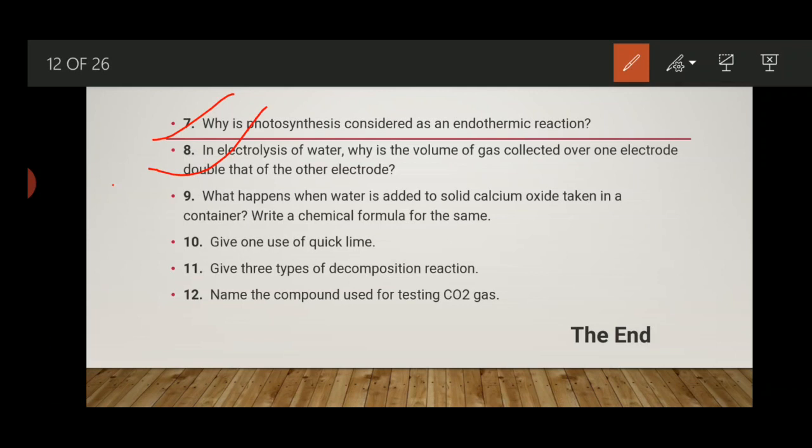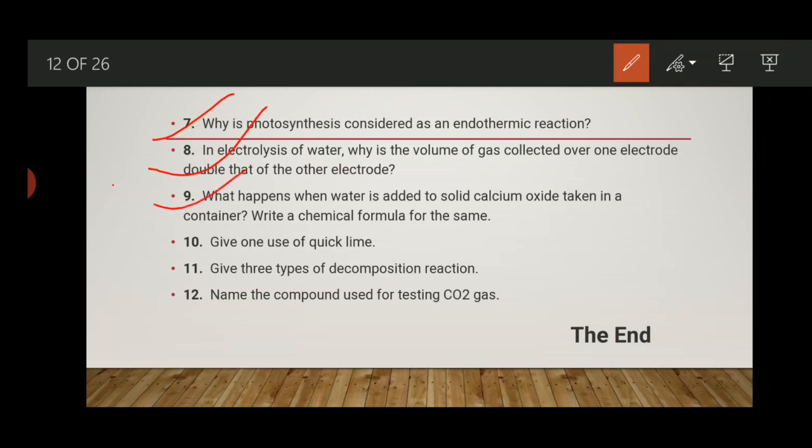That's why at one electrode the amount of gas is double in comparison to the other. The gas that is double in amount is hydrogen gas, and the other gas is oxygen gas, which we proved through experiment.